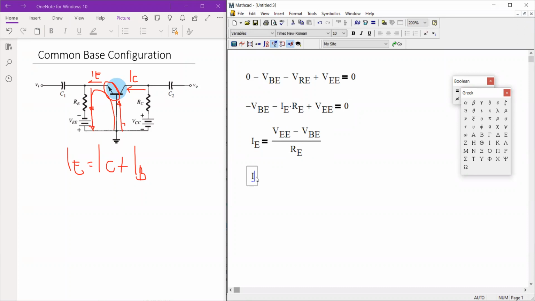Let's say following this equation, I sub E is equal to beta plus 1 times IB. So it follows that IB is equal to I sub E, or your emitter current, divided by beta plus 1. Once you're able to solve for I sub B, you can now calculate the value of collector current. So that's beta times I sub B.